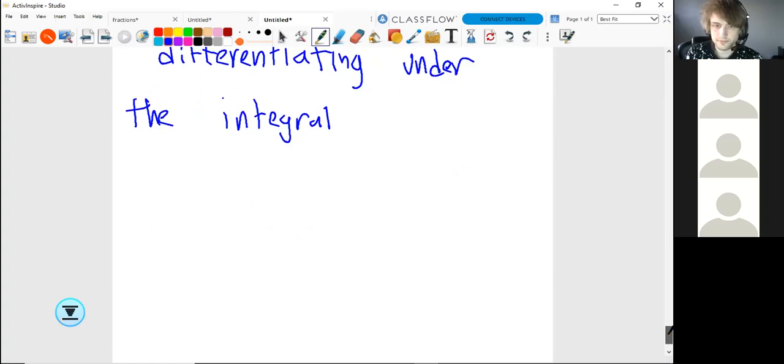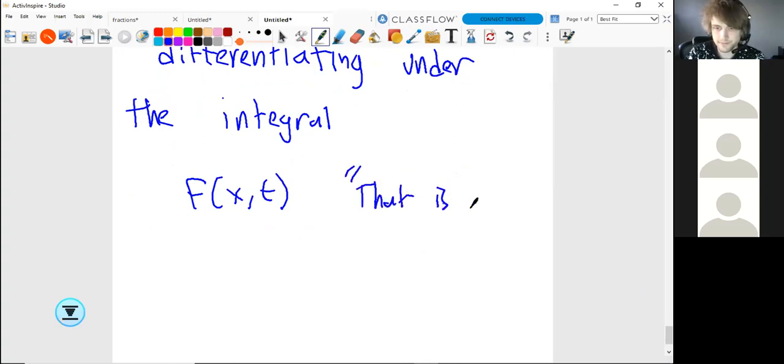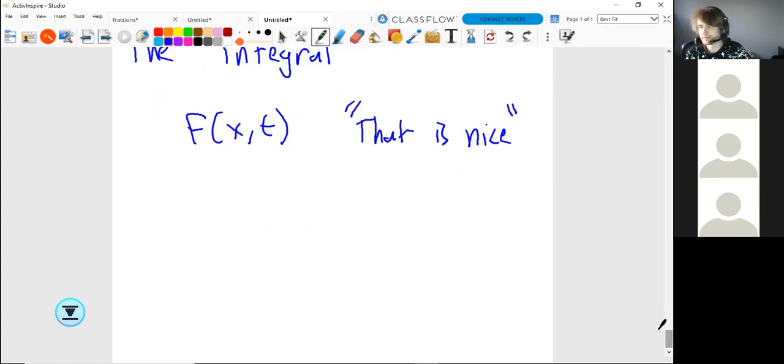So let's say we have a function f of x and t, and I'm going to say that is nice. Okay, so this is where I'm waving my hands and being less rigorous. If f of x and t is nice, then we can do this.